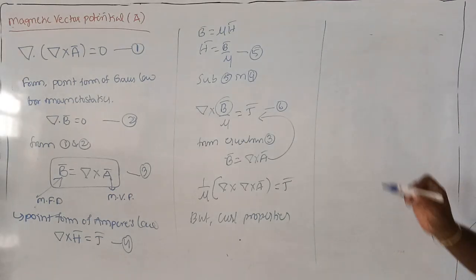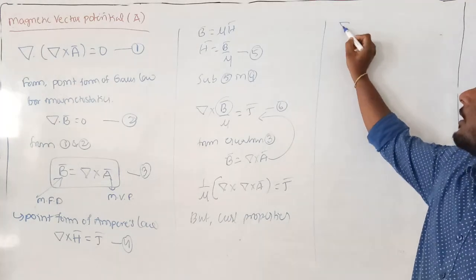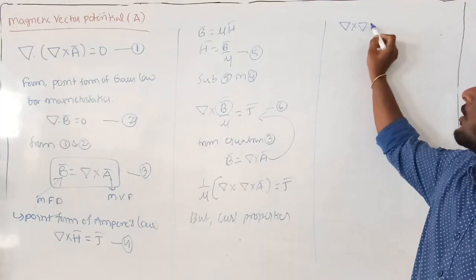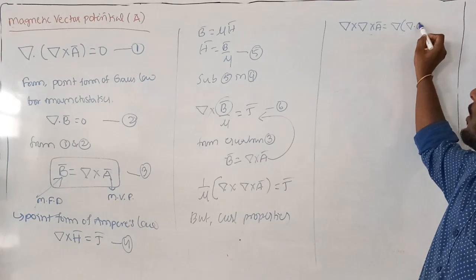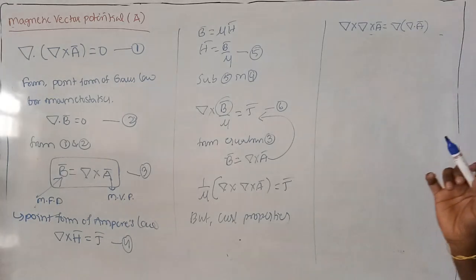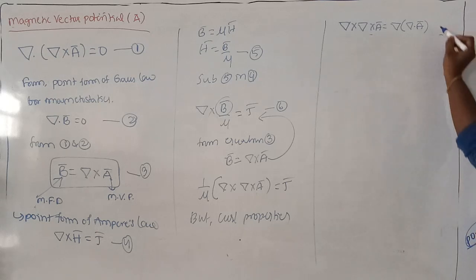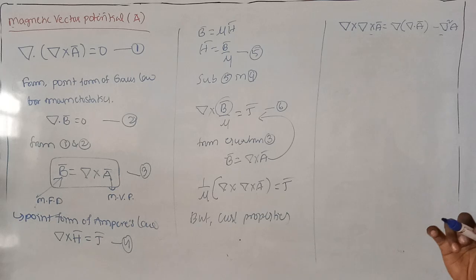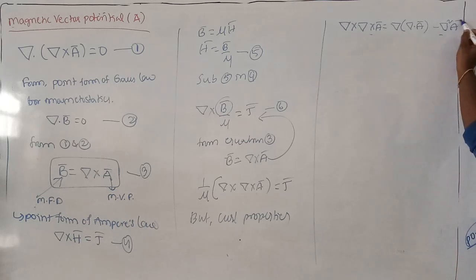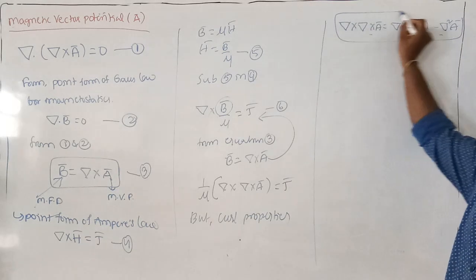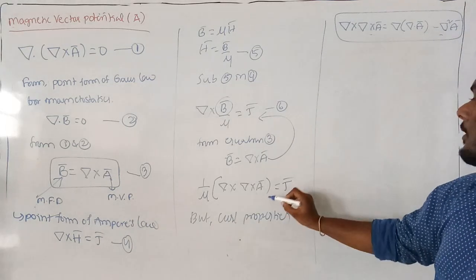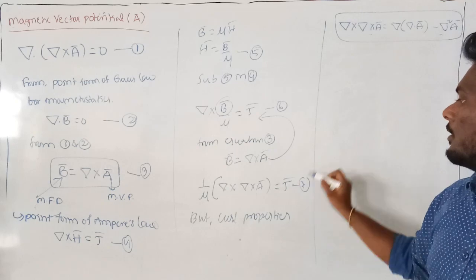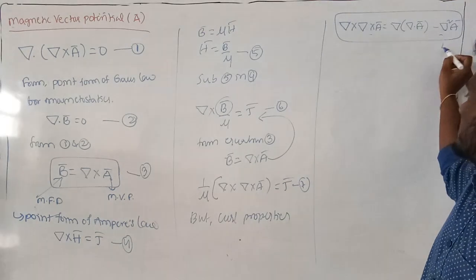Del cross del cross A bar equals del of del dot A bar minus del square A bar. This is the property of the curl of a curl of any vector. So from this property we can write this equation 7, and we consider it as 8.